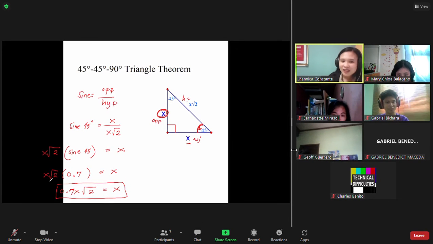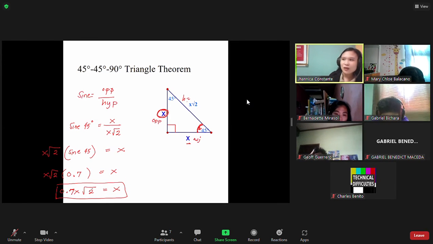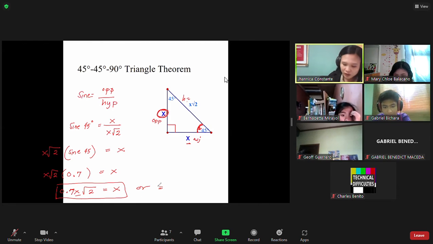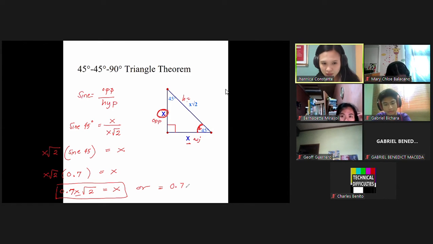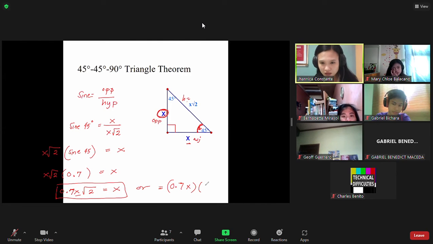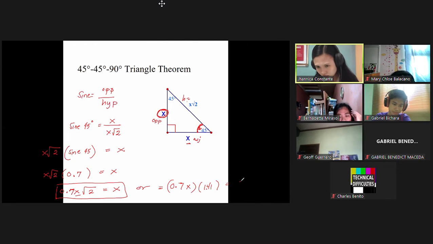Or we can write it in decimal, getting the square root of 2. Square root of 2 is equal to 1.41. So we can multiply 0.7x times the square root of 2, which is 1.41, to use the measurement of the side as a decimal.